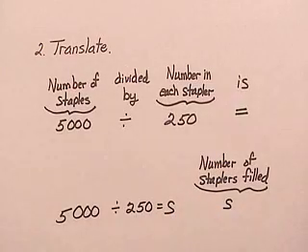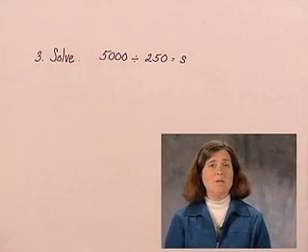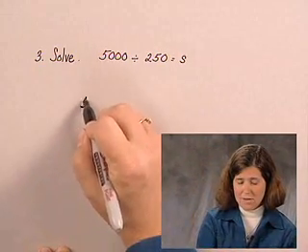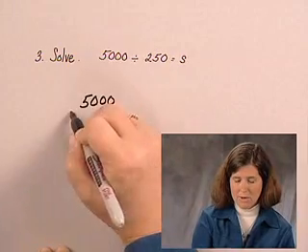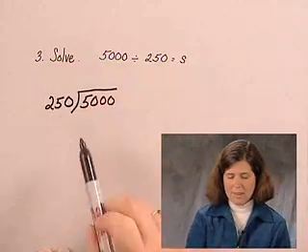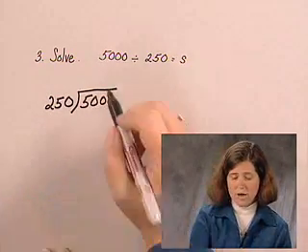Now we're ready to go to step 3 of the process, which is to solve the equation for S. In this case, to solve for S, we need to carry out the division. We need to divide 5,000 by 250. We think 250 goes into 500 2 times.